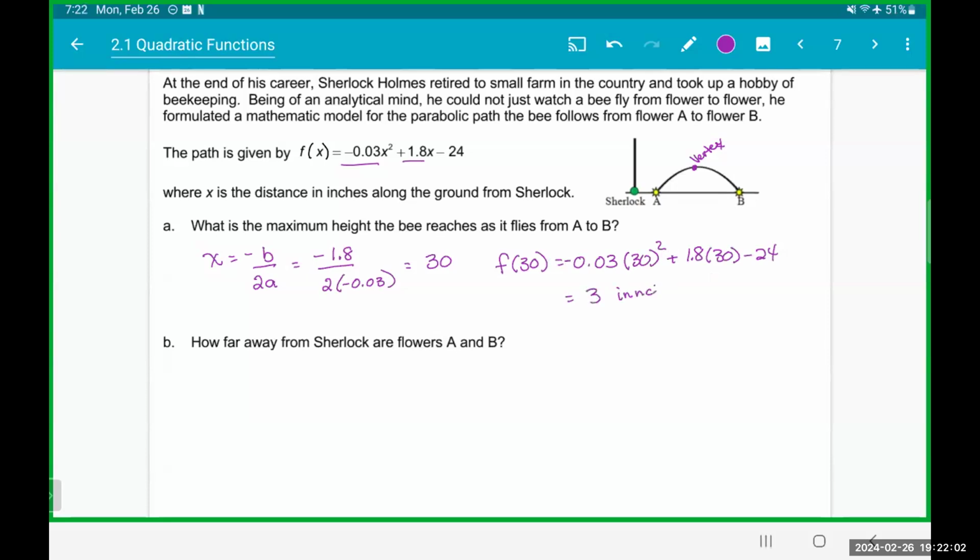So that is about 3 inches, the maximum height that the bee reaches as it flies from flower A to flower B. Inches, feet, whatever it might be. This didn't actually give us units, so we could say 3 inches. You could say it was 3 feet, because the problem itself didn't define it.